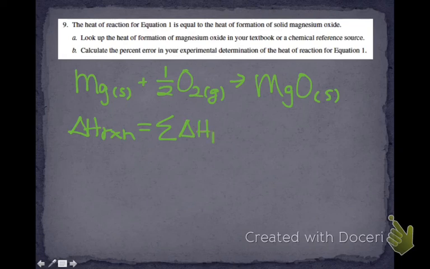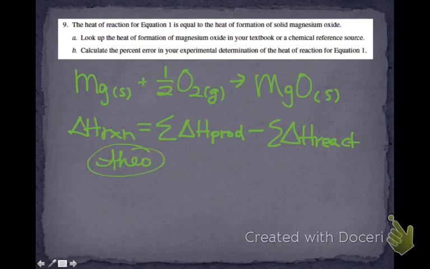So you're going to look at the summation of the delta H of the products minus the summation of the delta H of the reactants and calculate the delta H of the magnesium oxide reaction. So this will be your theoretical. So that's what it's asking you to do in part A.